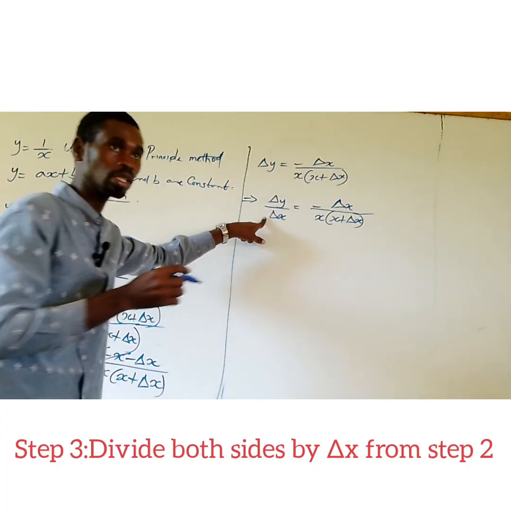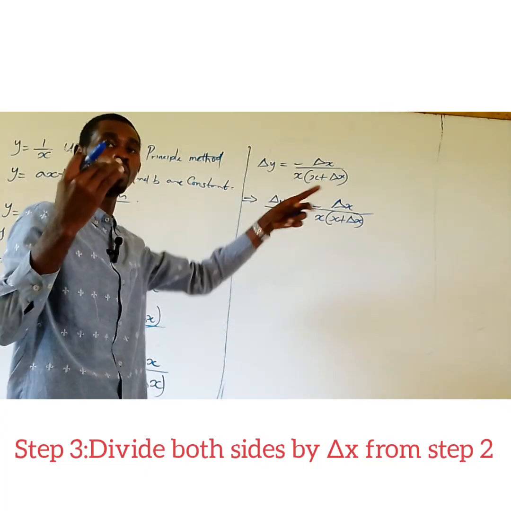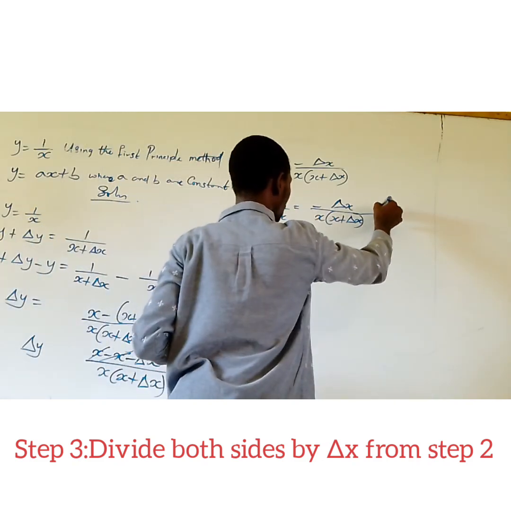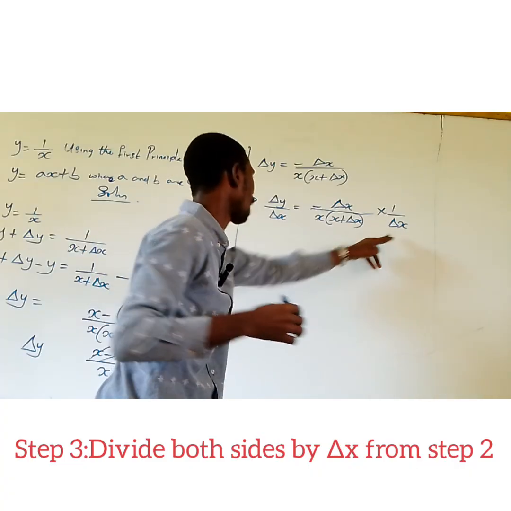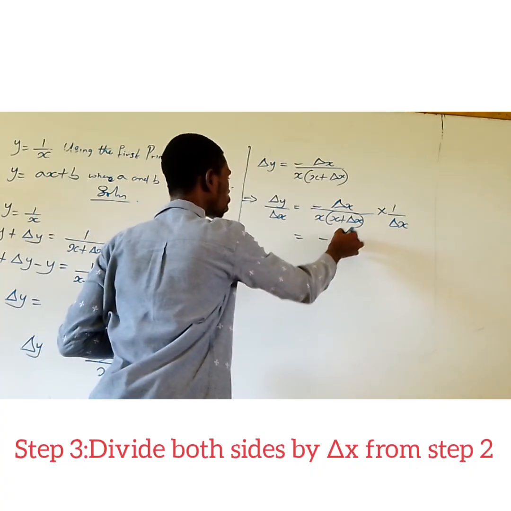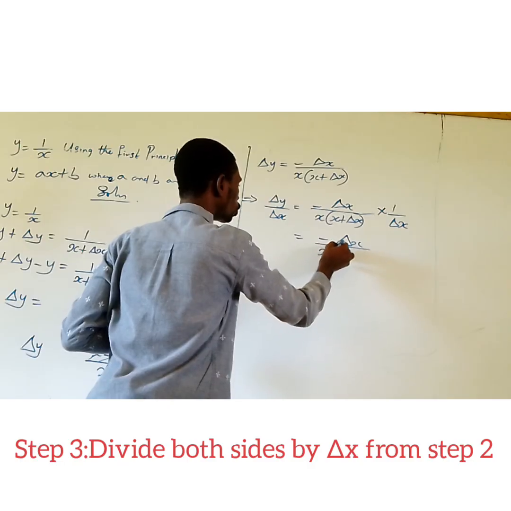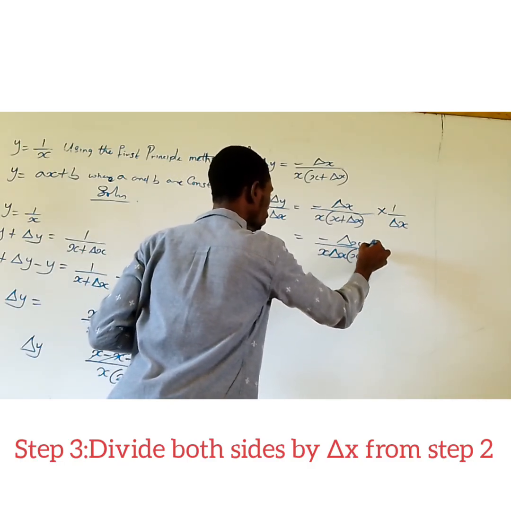Now we are dividing by change in x. We can also say multiply both sides by 1 over change in x. It's still the same thing. So here we have it as times 1 over change in x. If we multiply this, we have minus change in x over x, change in x into x plus change in x.